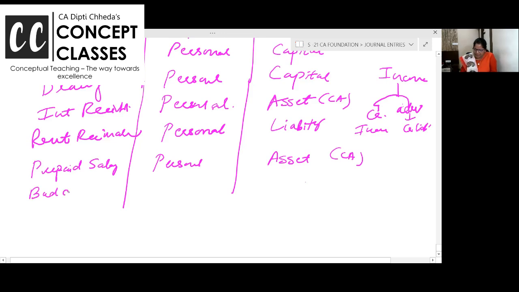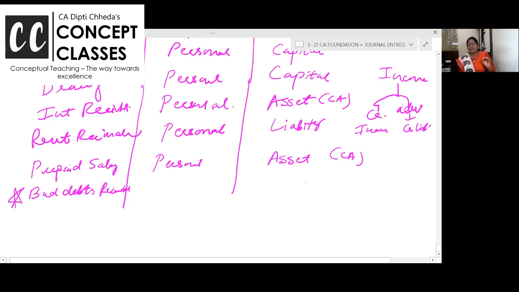Bad debts recovered. Is bad debts recovered an income for all of you? Because this is a new item.